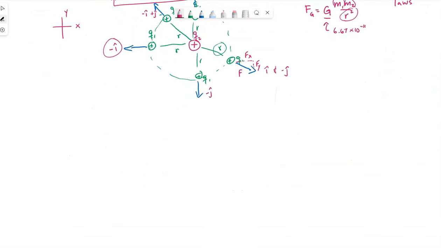Oftentimes you will see, and even within our book, this electric force written with the constant and then the absolute values of the two charges over r squared, r hat. The absolute value is just so that we get the magnitude of the force, because remember, magnitude is just the absolute value, the number. It's not a negative, because negative specifically refers to a direction.